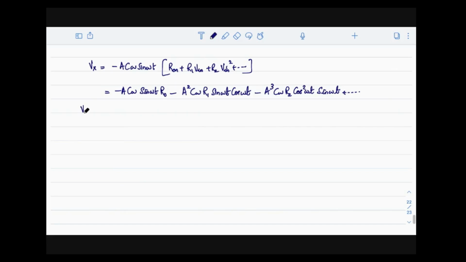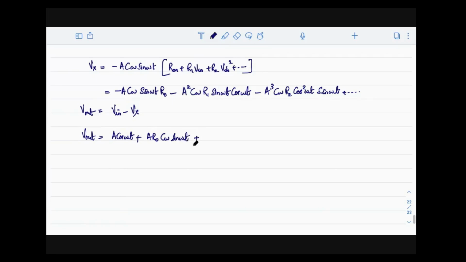Now, instead of writing V out as just V in, I'm bringing this V out as V in minus Vx, which I have written before. So I can write now V out as, V in is A cos omega t, now minus this term. So it is plus A into, I'm just rearranging it, A R naught into C omega into sin omega t.